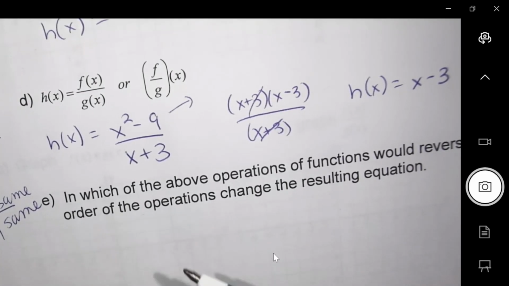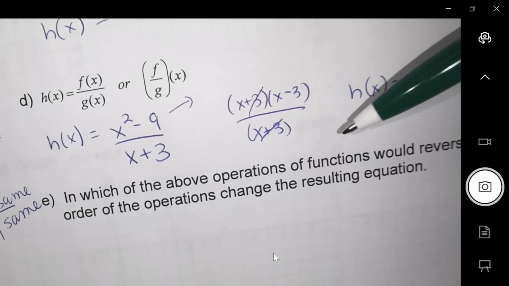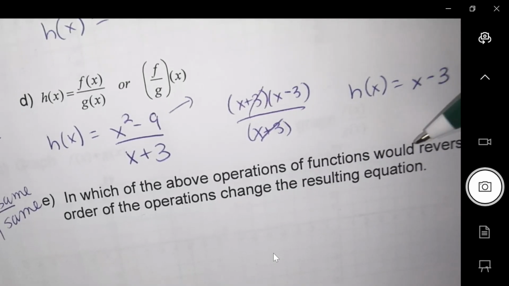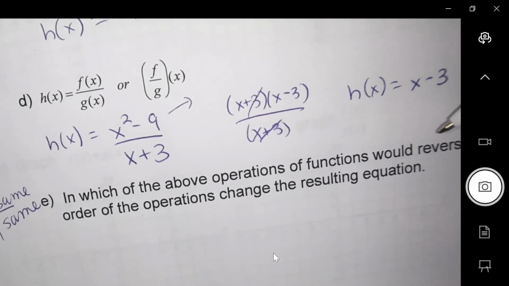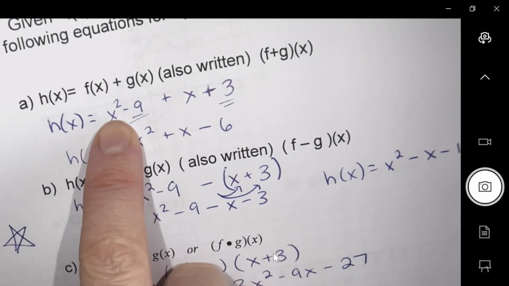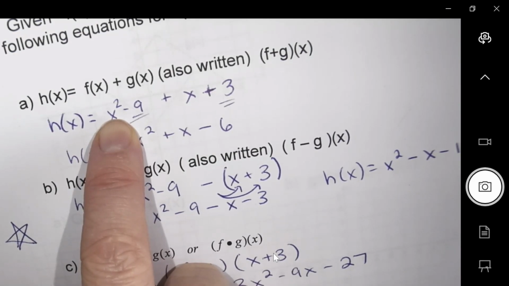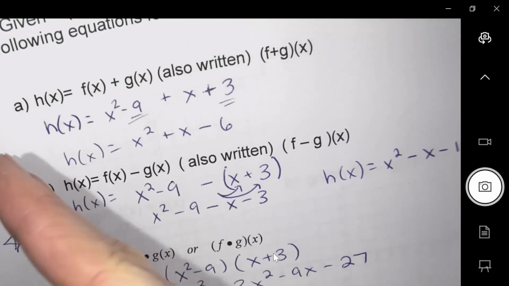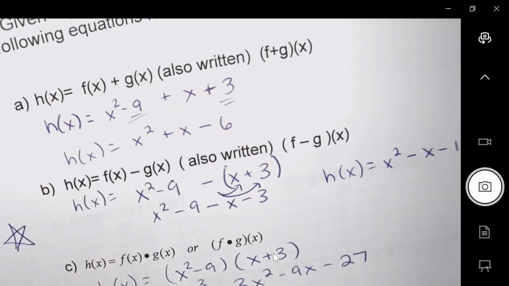Question E. Out of the 4 above, which operations would, if you change the order of the operations, change the result? So, in other words, if I had changed this to g of x plus f of x, would I get the same thing or a different thing? If I switched the order. Same.